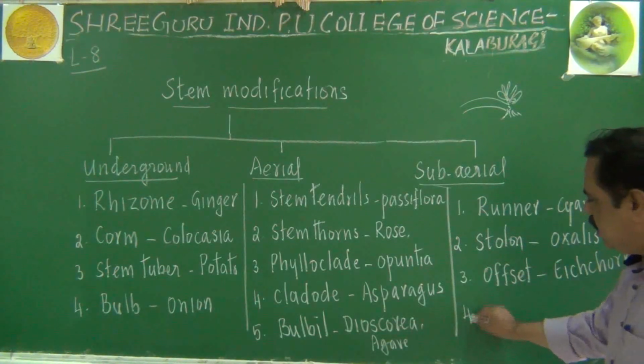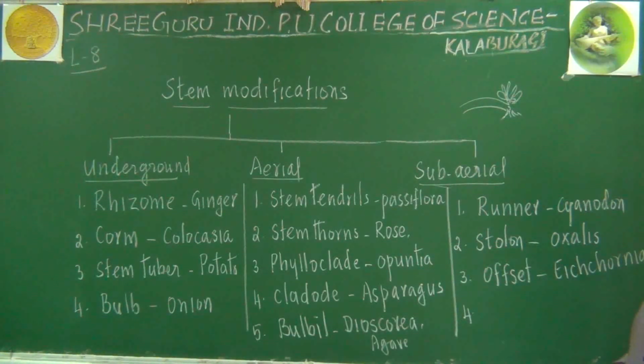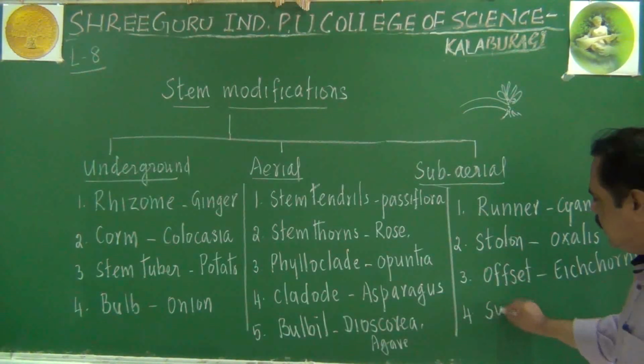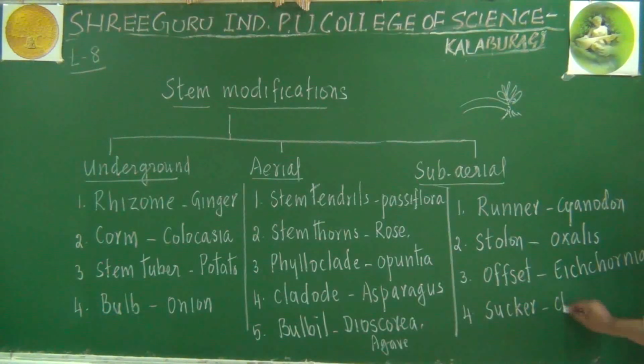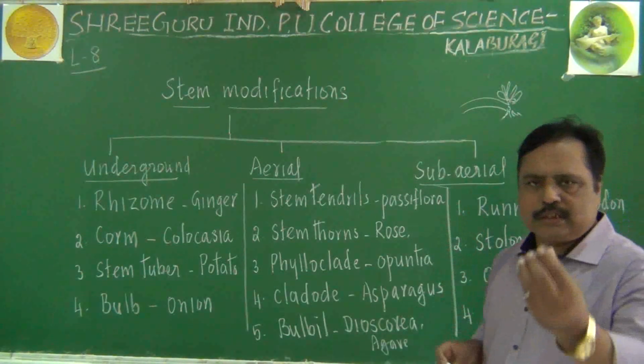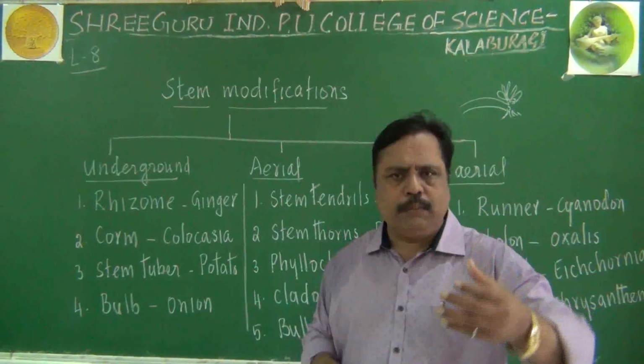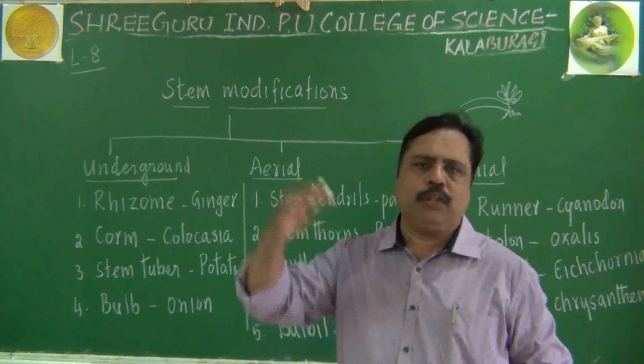We can come across a fourth type also. Runner, stolon, offset, and sucker we have to remember. For sucker, chrysanthemum is the best example. Here also, in chrysanthemum, the main stem will be growing below the soil. Suddenly they will produce an oblique branch above the soil.